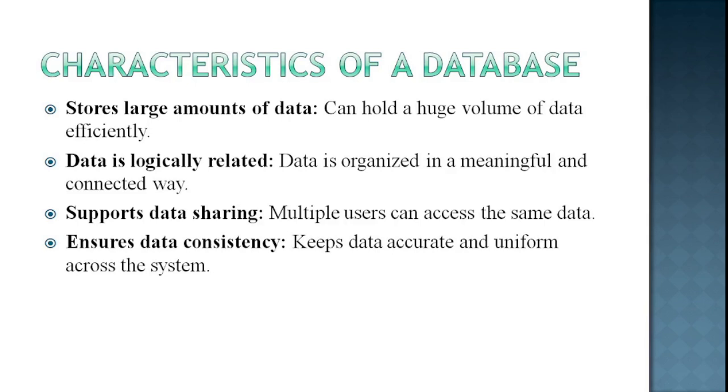That means whatever data is in this database, it will follow the same protocol the database has, each and every data, each and every record. So the system will be very uniform for all the data that the database has. These are the main characteristics that a database can show. If you want, you can take this as notes.